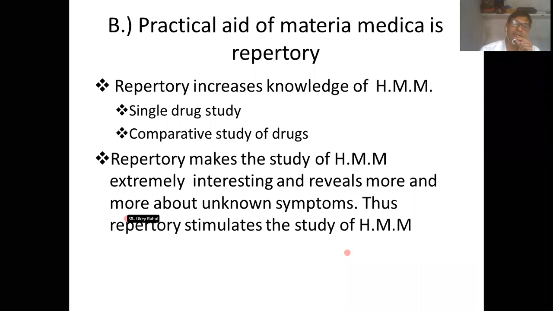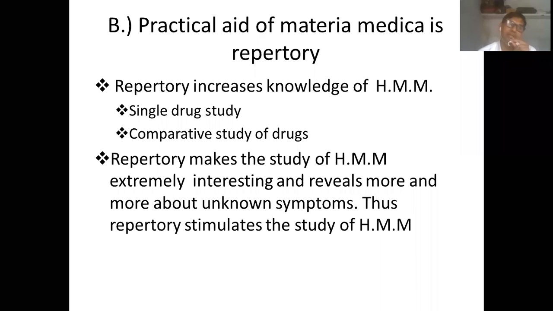So the single drug study, you have understood. Then for the comparative study of drugs, the mechanism is the same. You have to underline the medicines present in the rubrics, and the compilation you make will give the rubrics in which both medicines are present, and that indicates the similarity.